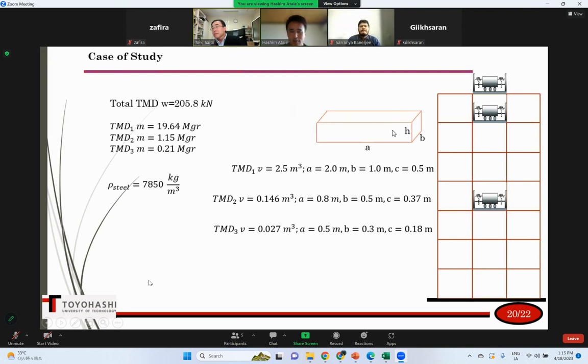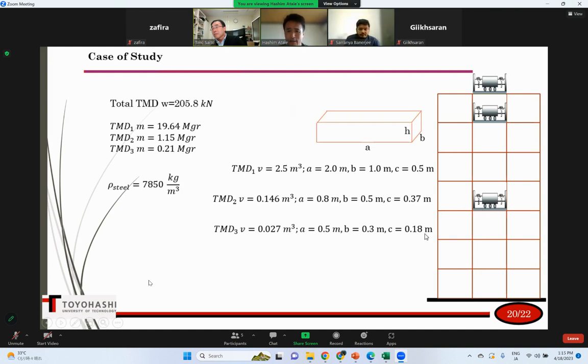If we consider a cubic form of TMD mass, it is 2 meters, 1 meter, and height is 50 centimeters, very small. TMD2, for example, is 80 centimeters, 50 centimeters, and 37 centimeters, also small. And TMD3 is, for example, 50 centimeters, 30 centimeters, and 18 centimeters.